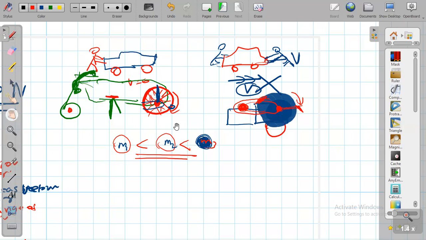Both balls travel at the same speed of 40 meters per second.